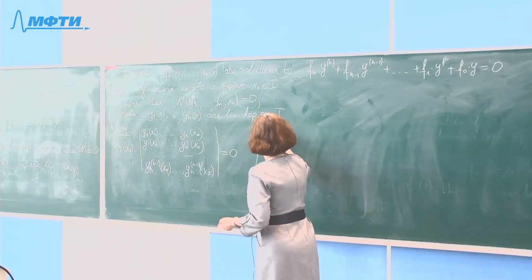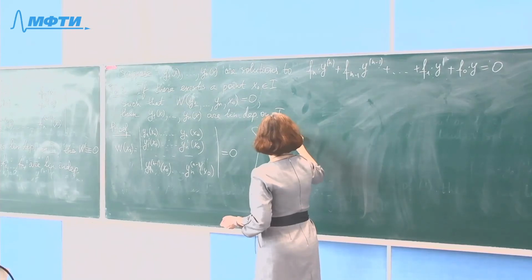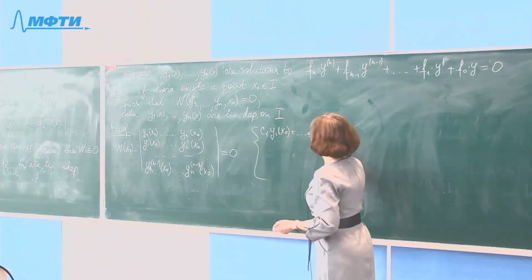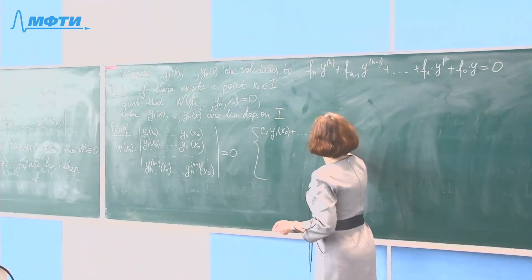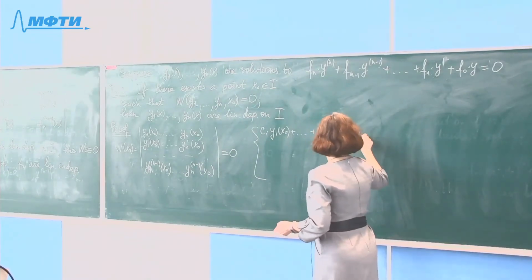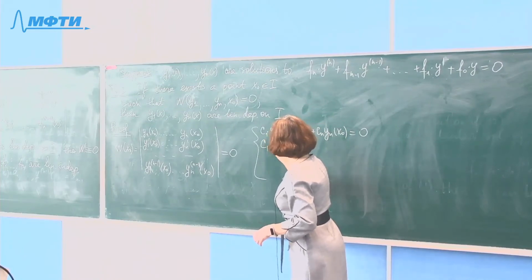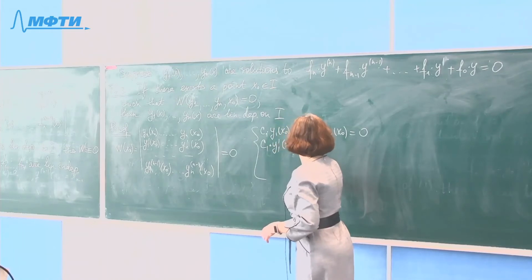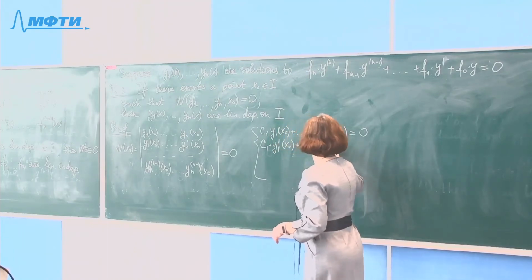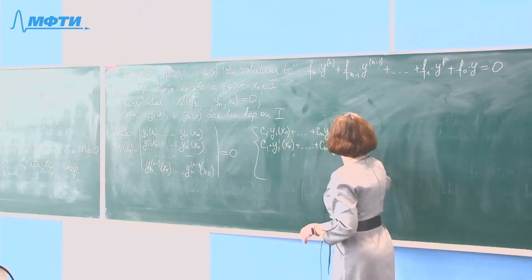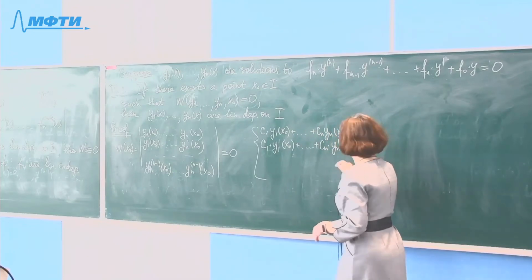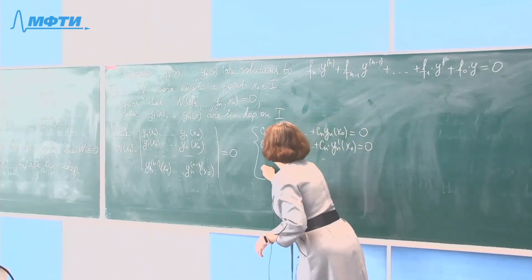C1 times y1 of x0 plus and so on plus Cn times yn of x0 equals 0. And the second equation will be C1 times y1 prime of x0 plus dot dot dot plus Cn times yn prime of x0 equals 0, and so on.